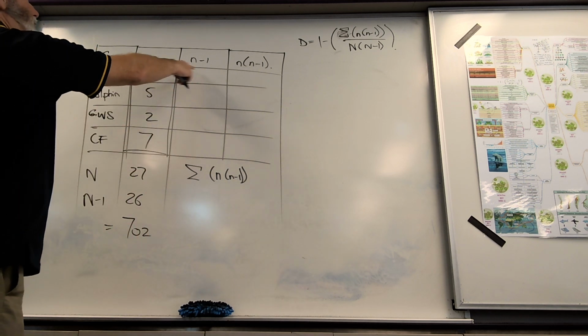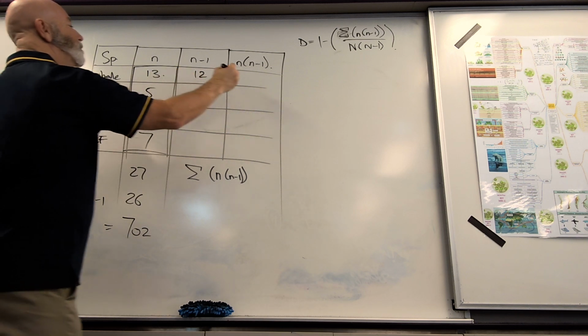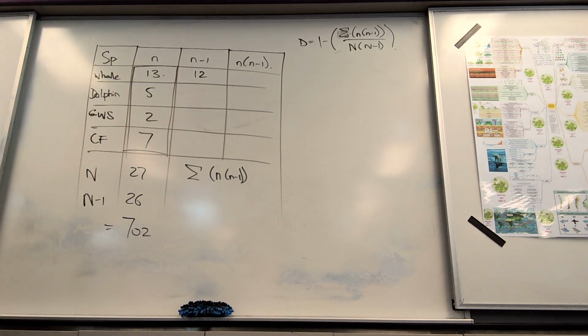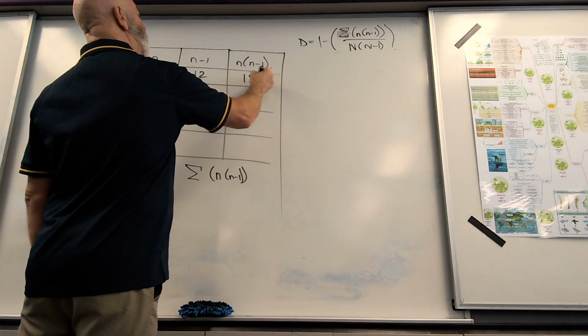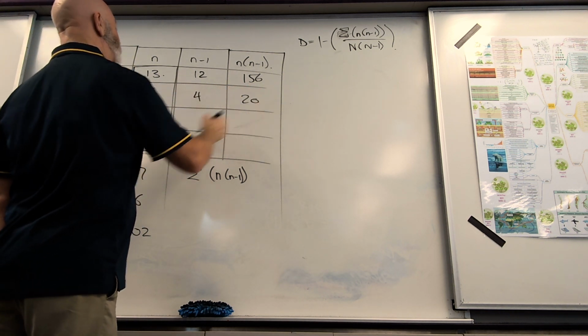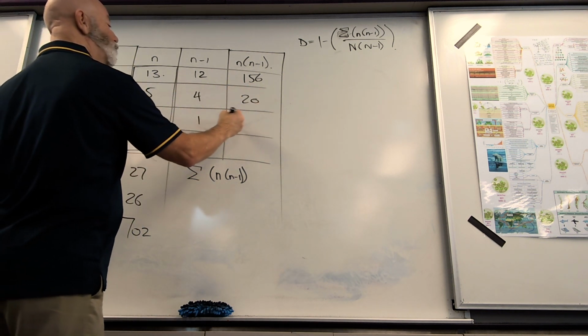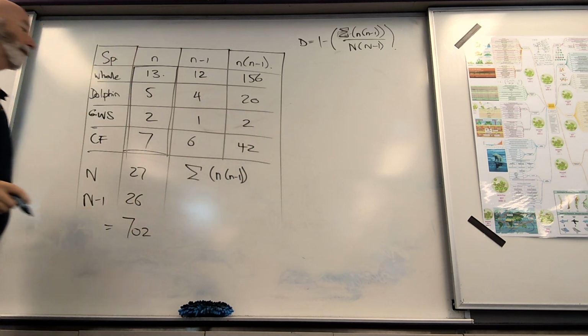Now over here, n minus 1, 13 minus 1 is 12. 12 times 13 is 156. 5, that's a 4. 5 times 4 is 20. 2, that's 1. 2 times 1 is 2. 7 times 6 is 42.